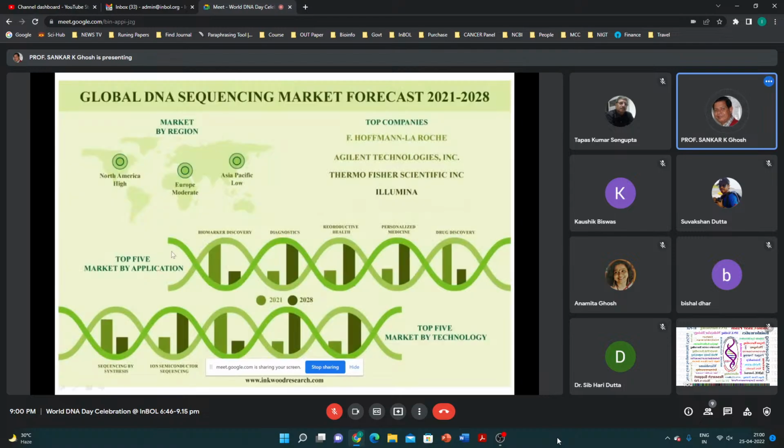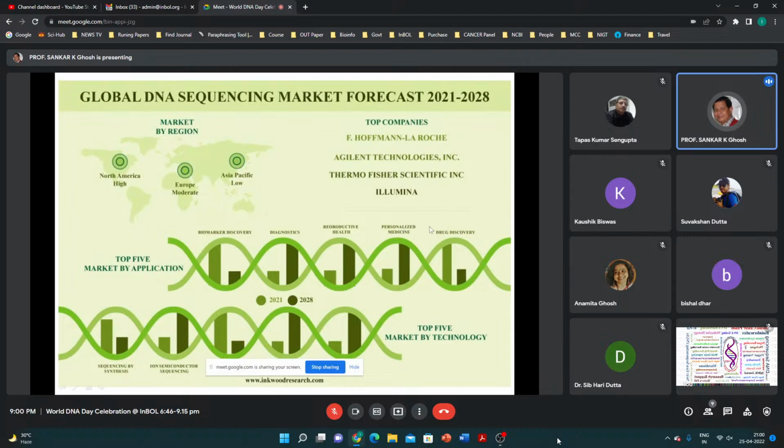So see, the global DNA sequence market forecast everywhere: biomarker technology and discovery, in 2028 it reduces, but the other part, DNA diagnostics in the genomics area, is very high. Reproductive health is very high. Personalized medicine is very high.